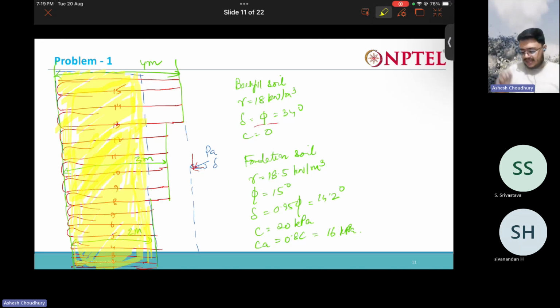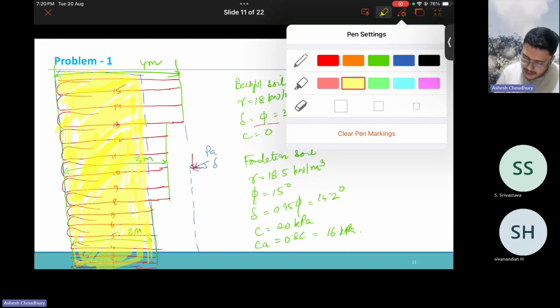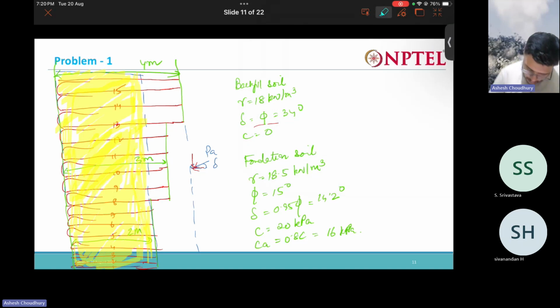This is the weight of this block, W1. Now what is W2? W2 is the weight of this block. And obviously W3 is the weight of this block. So this is how we divide W1, W2, W3.